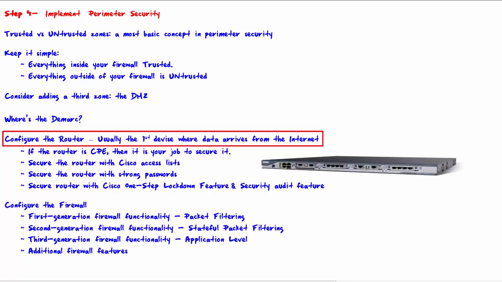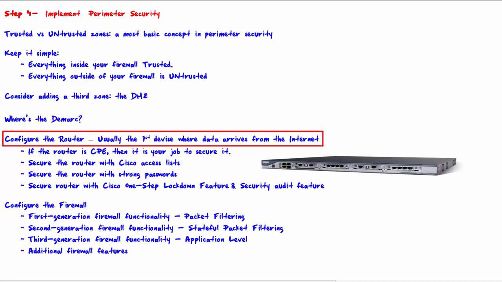Configure the router. Usually it's the first device where data arrives from the internet. If a packet from the untrusted network to the trusted network arrives, usually the first device it hits is the router at the perimeter.